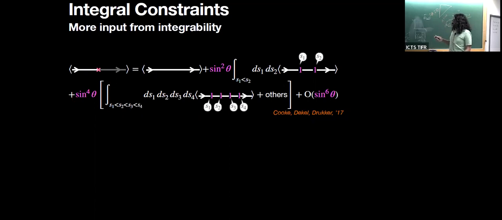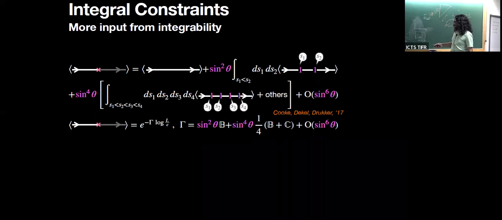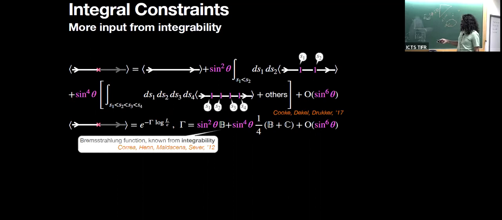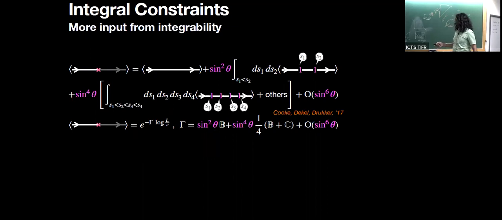Now, 2 comments here. The first comment is that this 4-point function is exactly the same 4-point function which we studied before. The second comment I'll make in a second. If you go back to this cusp line, the expectation value of the cusp line can also be expanded in theta. At order sine squared theta, it's actually the Bremsstrahlung function, which is already known from integrability.